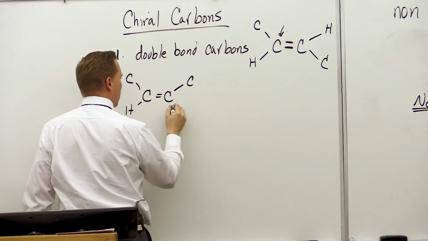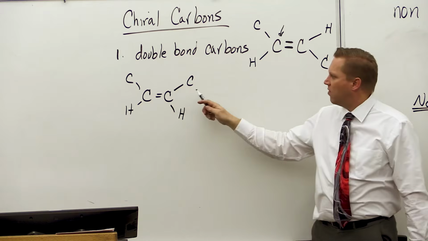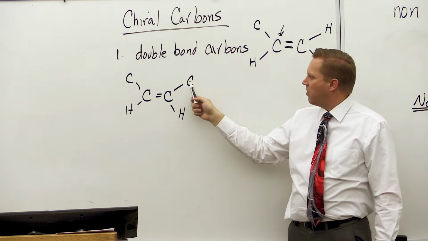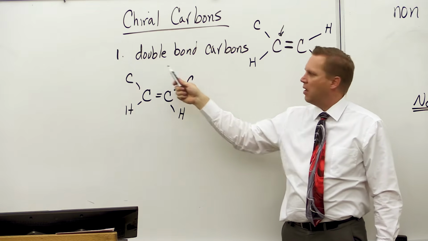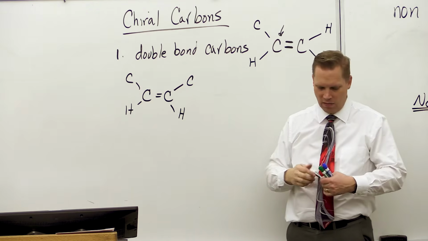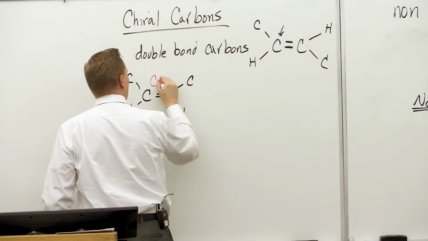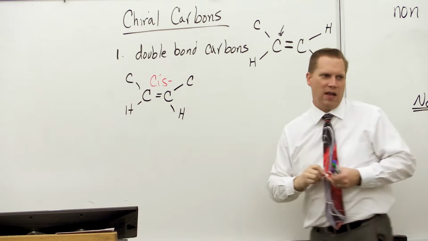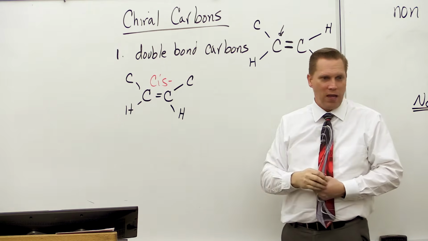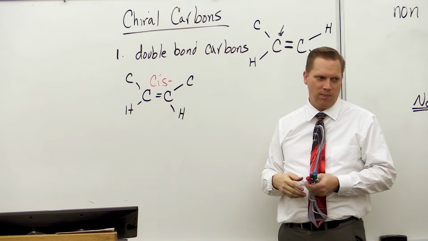And then we'll be having two hydrogens. So this is one pattern you might see. So here's my double bond, kind of splitting the board this way. And in this case, notice that I have a carbon on the top, and then the other carbon is also on the top. So the two carbons are on the same side. This is referred to as a cis orientation because cis is a Greek prefix. It means same, on the same. And so the two carbons are on the same side, and so they're cis.